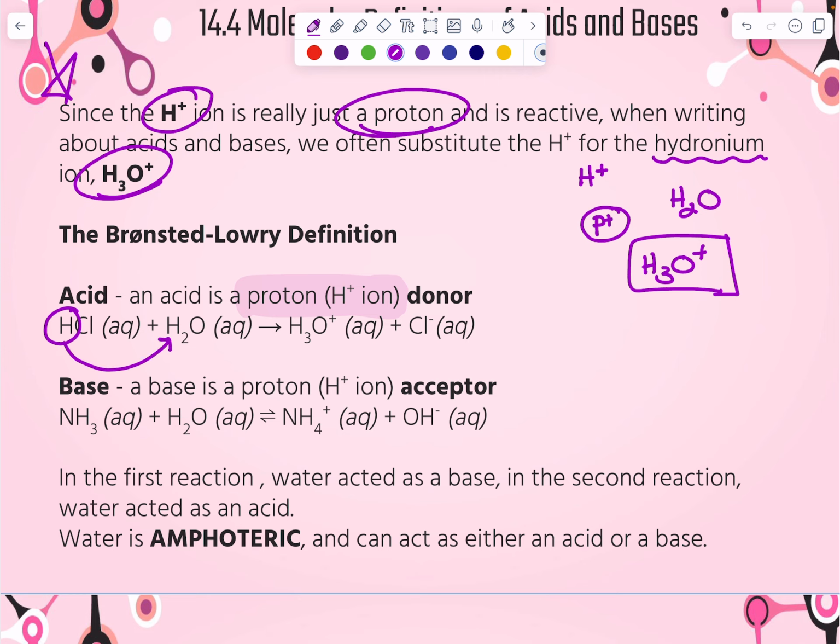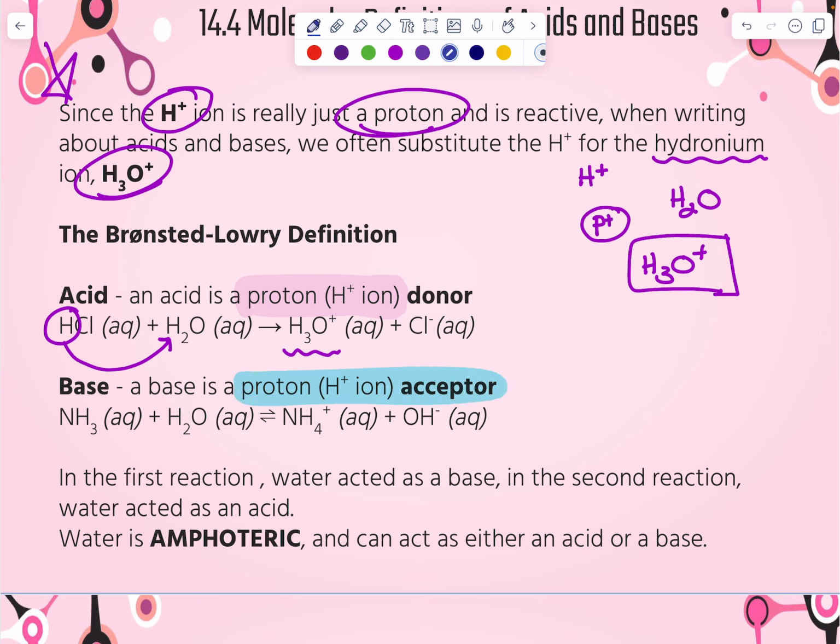We can see it here, giving its hydrogen to water, forming that hydronium ion and leaving the chloride ion by itself. So therefore, a base is sort of the opposite of that. A base is going to be considered a proton acceptor, right?